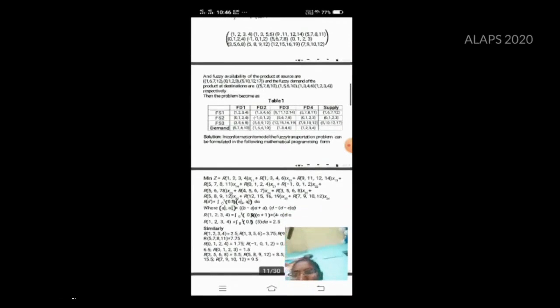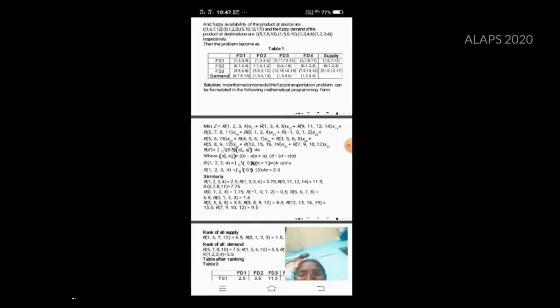Now solve the problem. The fuzzy transportation problem can be formulated in the following mathematical programming form. We apply the robust ranking technique to table 1, simplifying these values, which are trapezoidal fuzzy numbers, and solving for a singleton value.